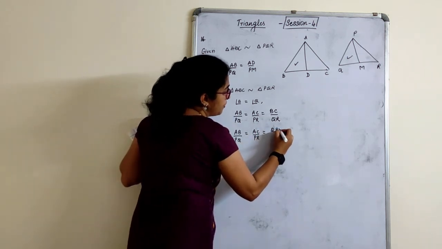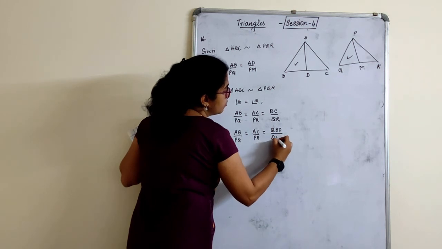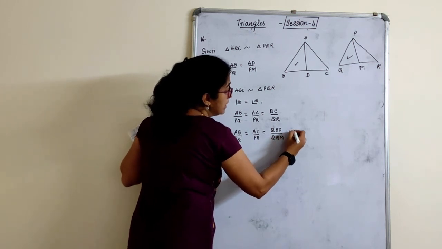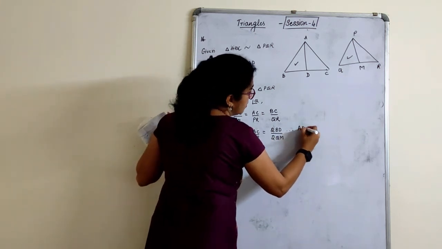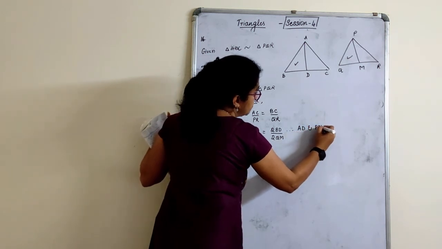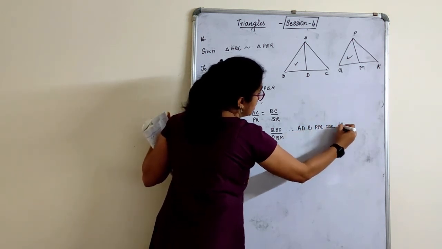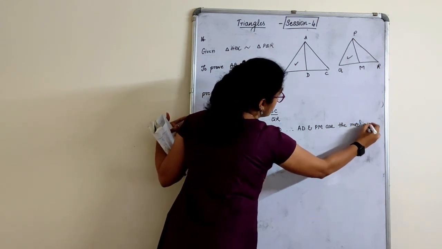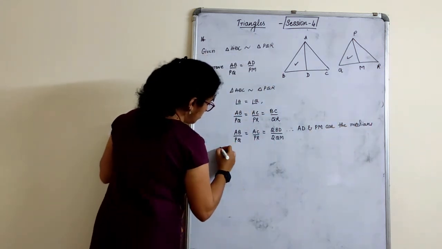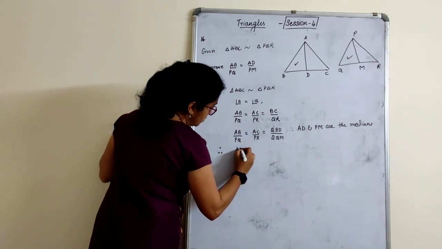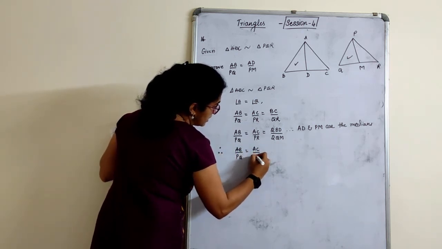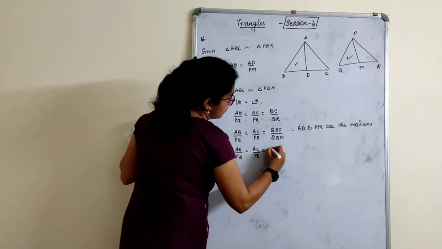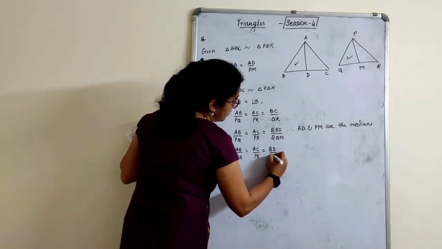Next. AB upon PQ is equal to AC upon PR is equal to BC, which can be written as 2 times BD divided by 2 times QM. Reason? AD and PM are the medians. So, therefore, AB upon PQ is equal to AC upon PR is equal to BD upon QM.